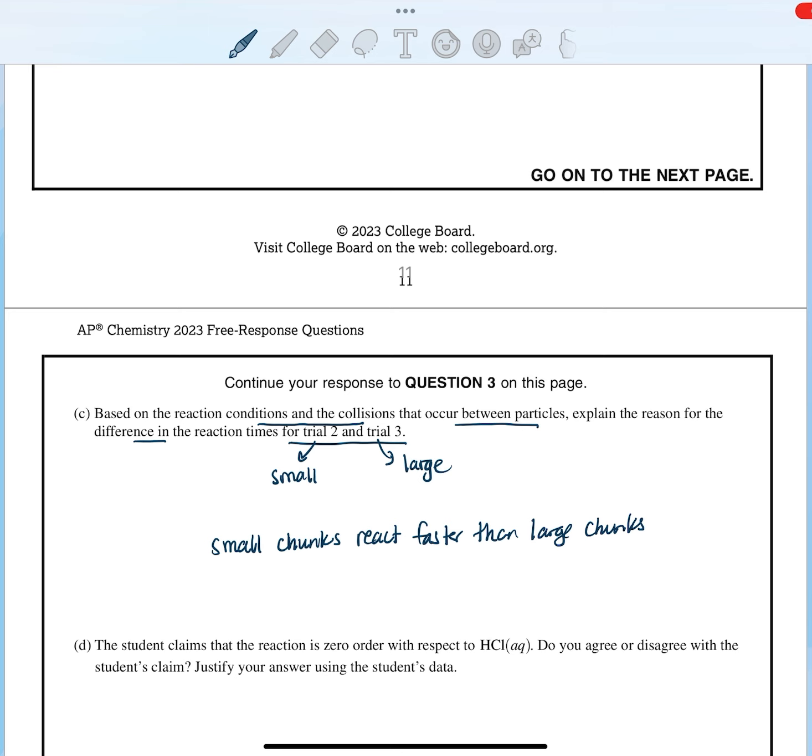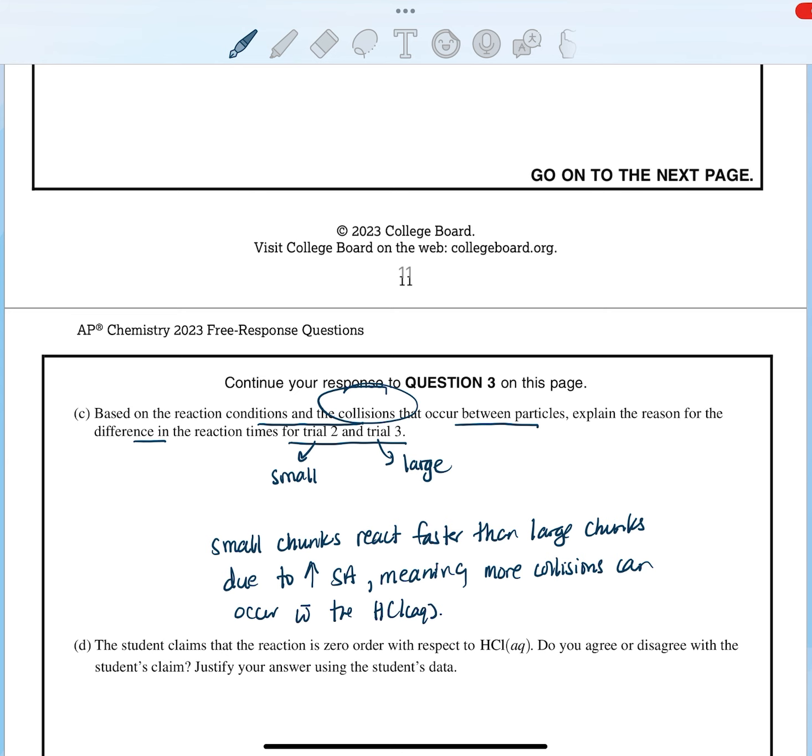So small chunks react faster than large chunks due to greater surface area, meaning, and we have to use the word collisions because that's in this question, more collisions can occur with the HCl.